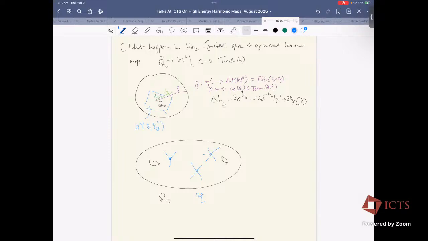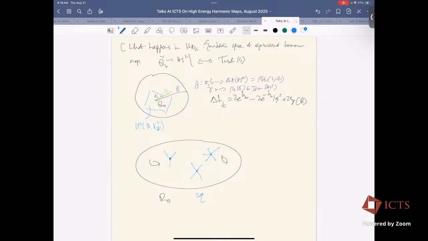Well, it's the same basic picture. sQ has the same zeros, the same order of zeros in the same places as Q, but everything gets scaled.